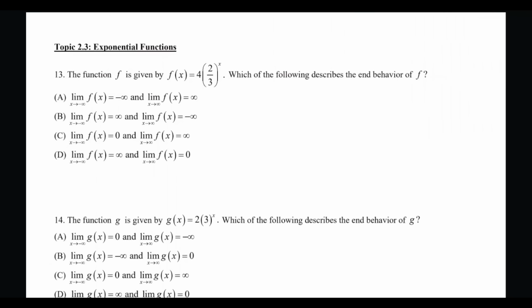Okay. Now we are given an exponential function, and they are asking what the end behavior is. So guys, I hope you know the parent functions: if we have a times b to the x, and if a is positive and b is between 0 and 1, which is happening in this case, the curve is an exponential decay.